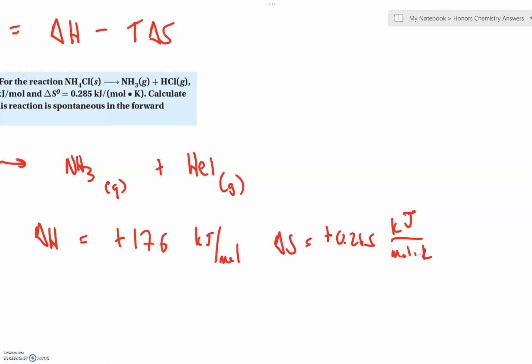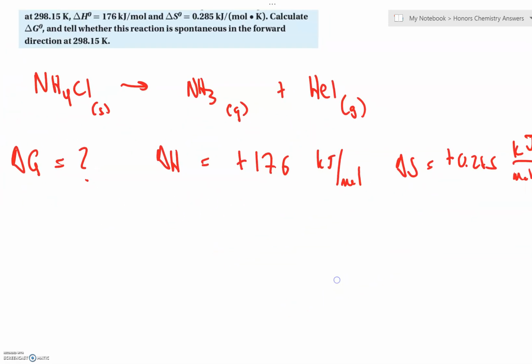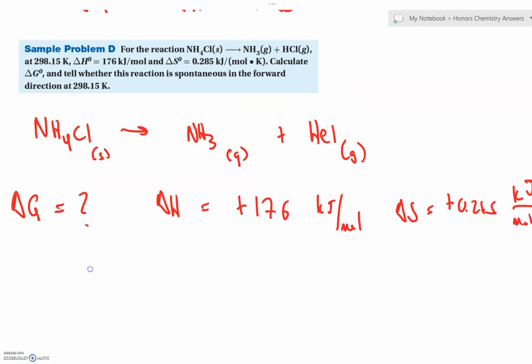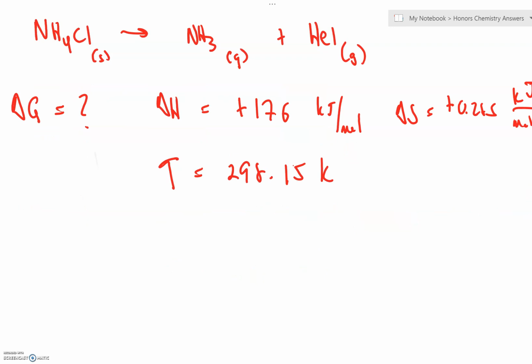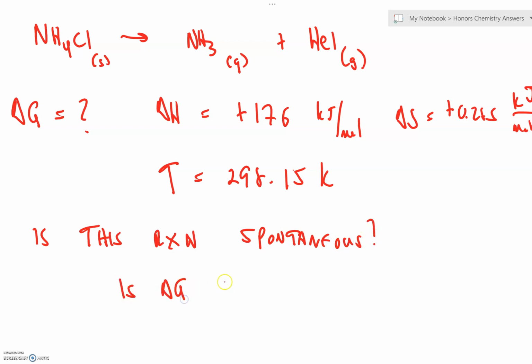That unit looks weird for a reason. Okay? So what we want to do is, oh, and also let's remember that it specifies that the temperature is 298.15 kelvins. Is this reaction, I'm going to abbreviate it, spontaneous? In other words, is delta G less than or equal to 0?